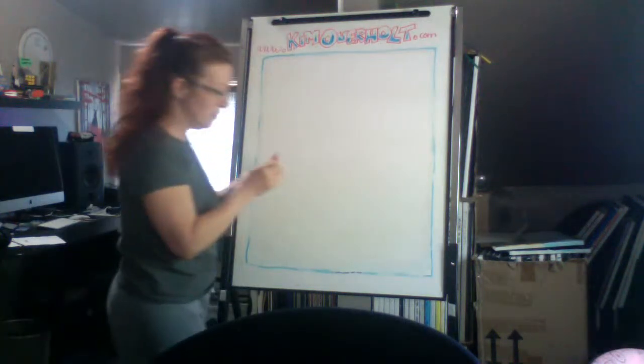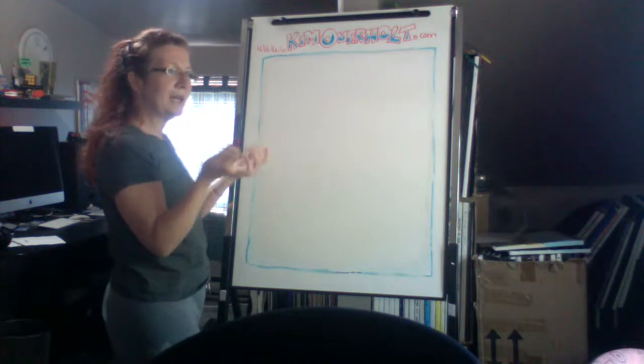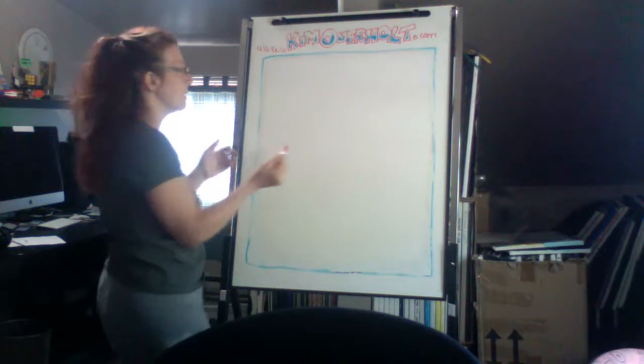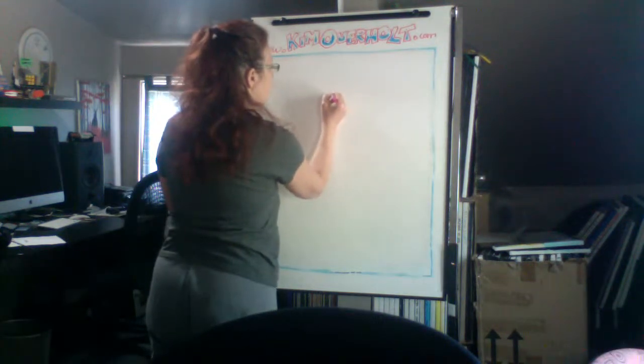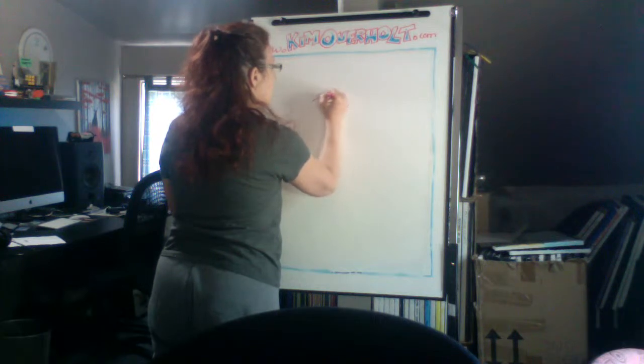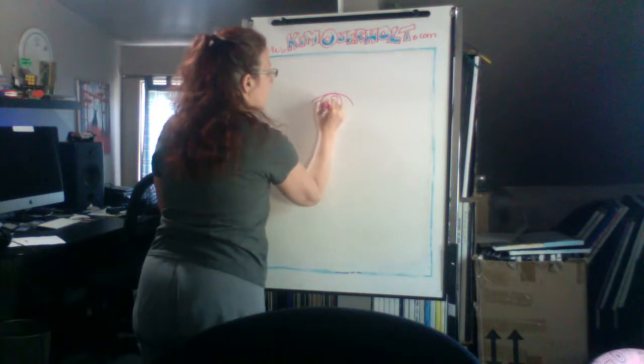When you're drawing, keep in mind experimenting or trying things that maybe you've never done before, like maybe making different shapes of eyes. You can make eyes that are very simple, like that.